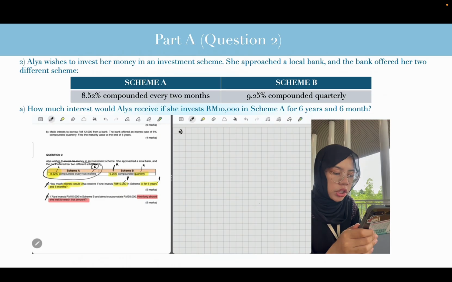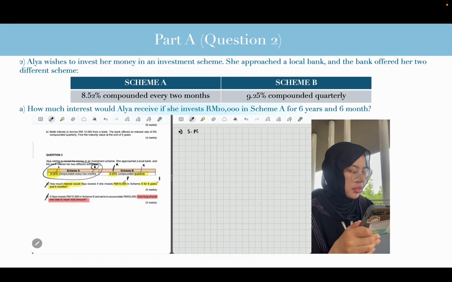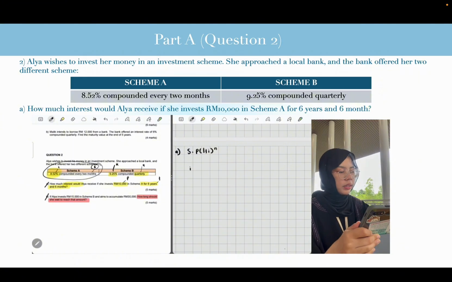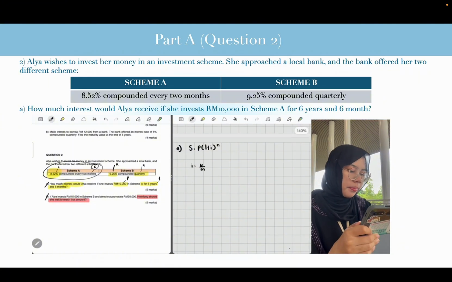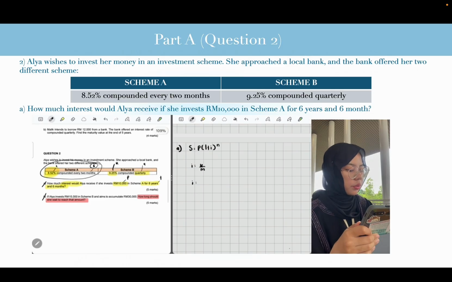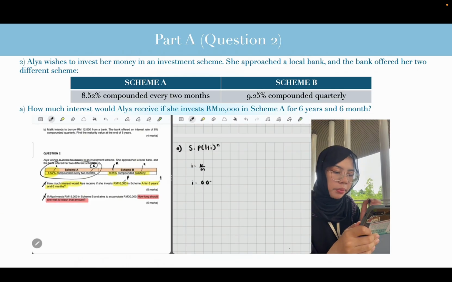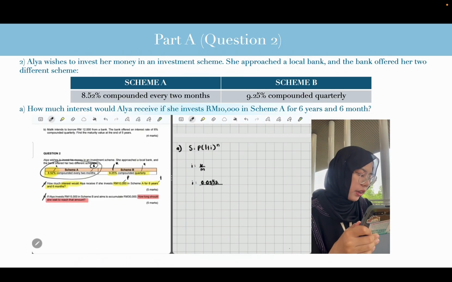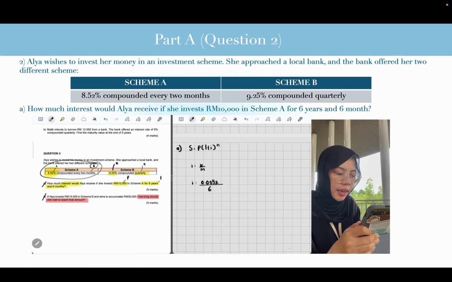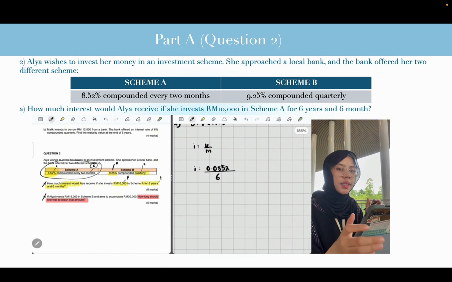So since it's mentioned compounded, we need to use the compound method, S equal to P times 1 plus I in the power of N. So for the I formulation, I equal to K over M. I equal to K, the K here I already labeled it, 0.0852, and then over the M, which is 6 because it gets compounded every 2 months, meaning it will be compounded 6 times a year.